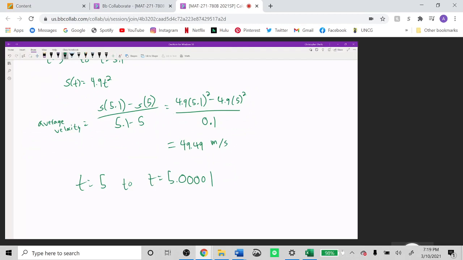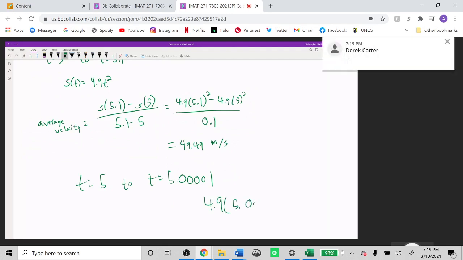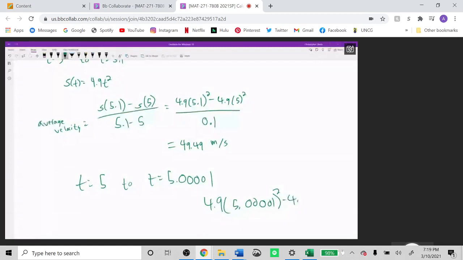Well, let's plug this in. We'd have 4.9 times 5.00001 squared minus 4.9 times 5 squared, over 0.00001.